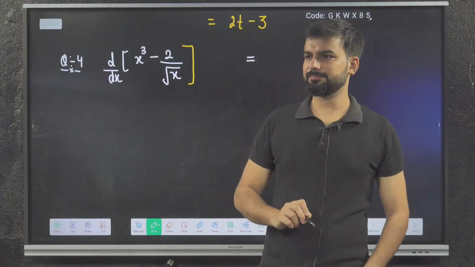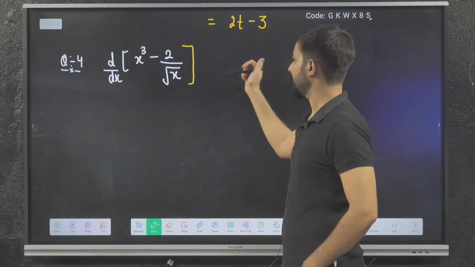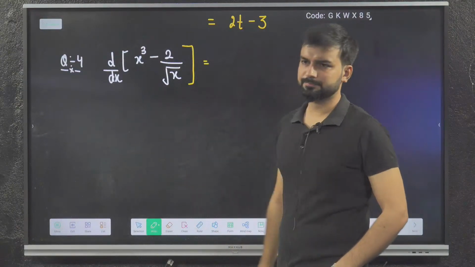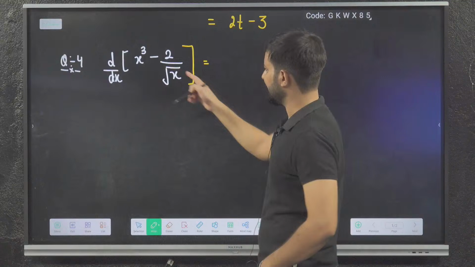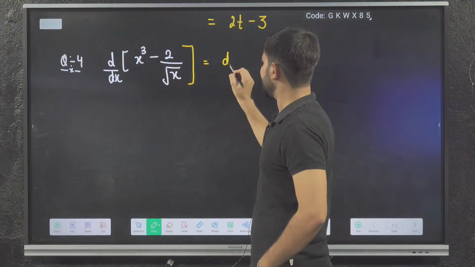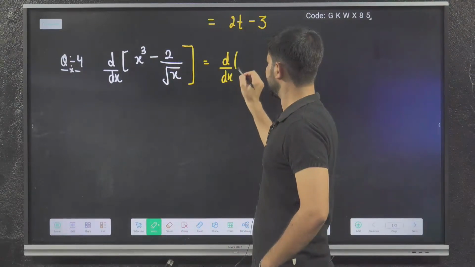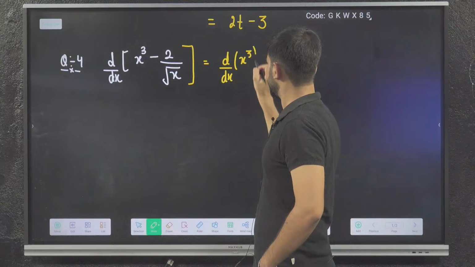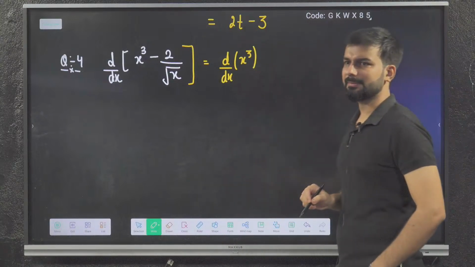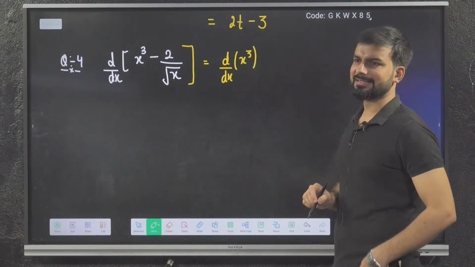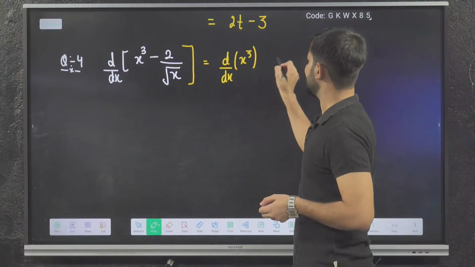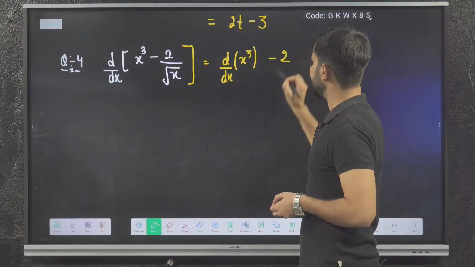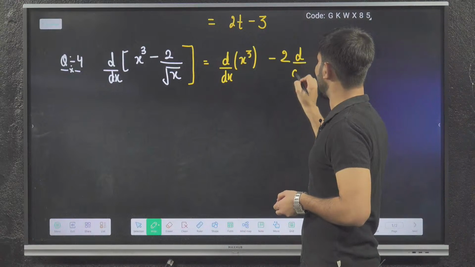First solve this. Only two parts you are having. Solve this. So what can I write? It will be d by dx of x cube, right? In the next step, what do we have to do? We write minus 2 constant, and whose differentiation will happen here?